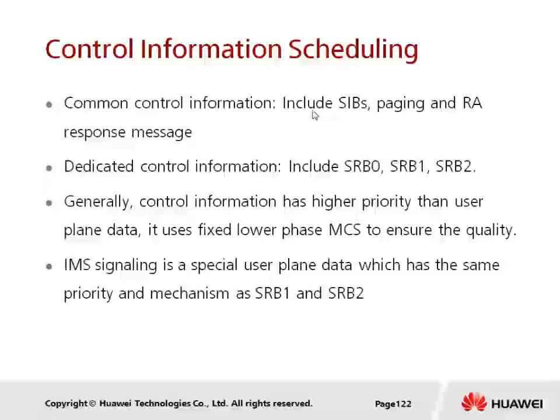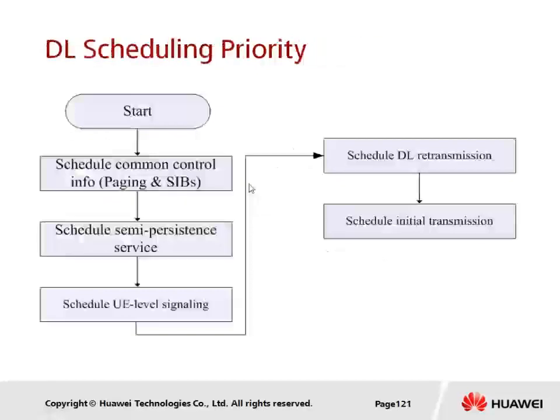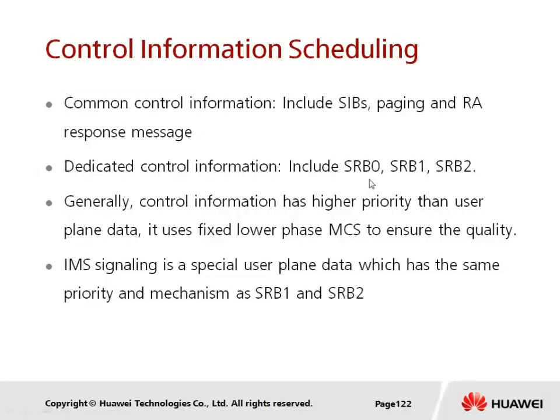So the common control information includes SIBs, paging, and the random access response. Dedicated control, we have seen that earlier, which is the UE level signaling. That is usually for RRC connection, RRC signaling, where the format could be either SRB0, SRB1, and SRB2. So in general, control information is having higher priority compared to the user plane, because the user plane is the traffic.